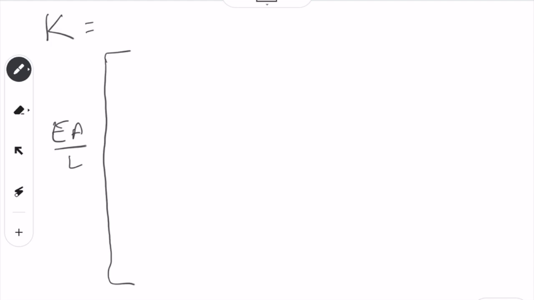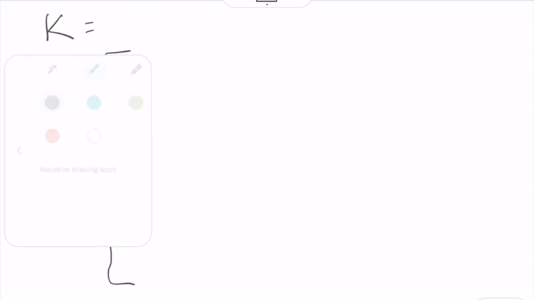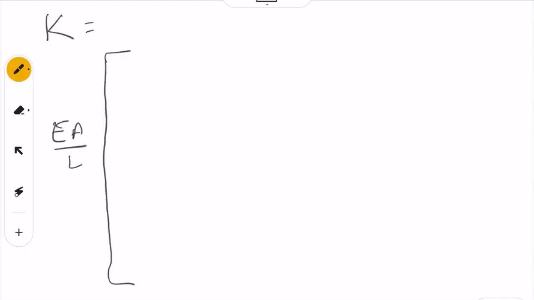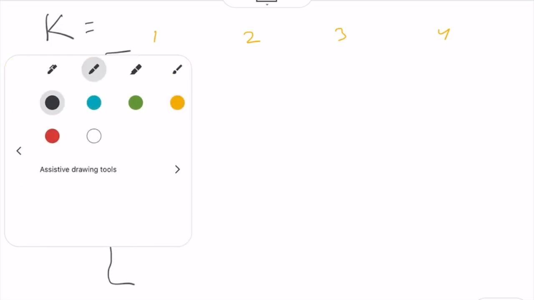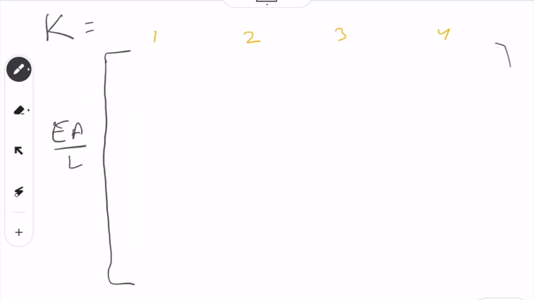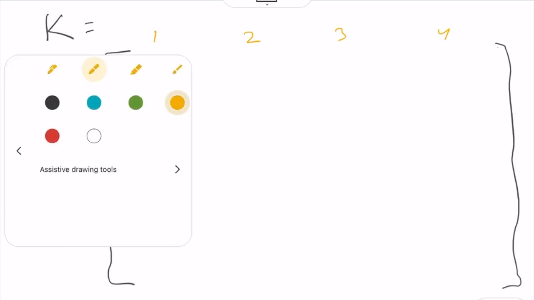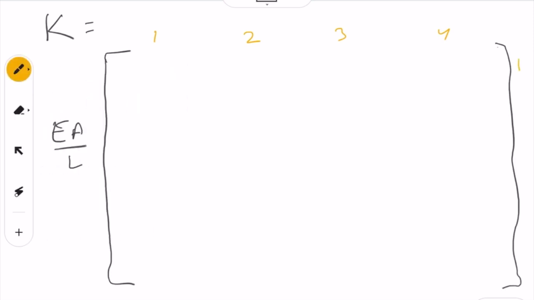It will be 4 by 4, with 1, 2, 3, 4 on this side, and this side also we write 1, 2, 3 and 4.